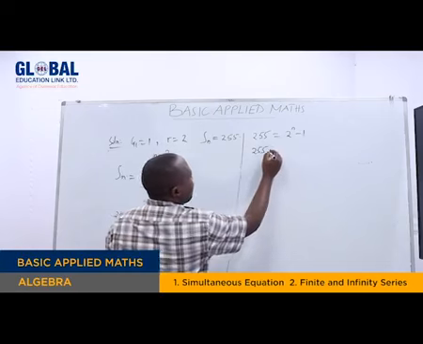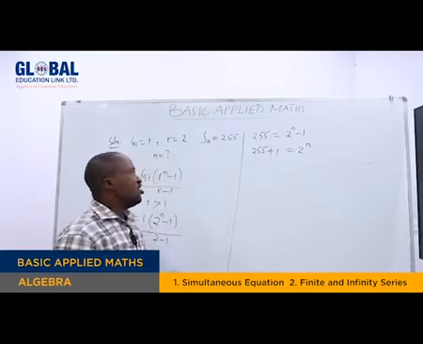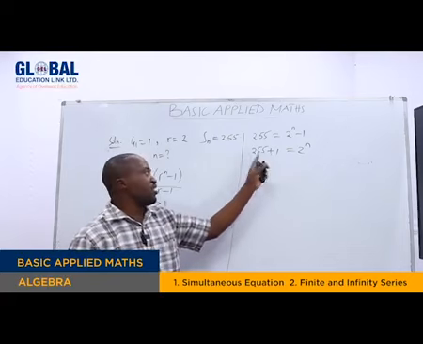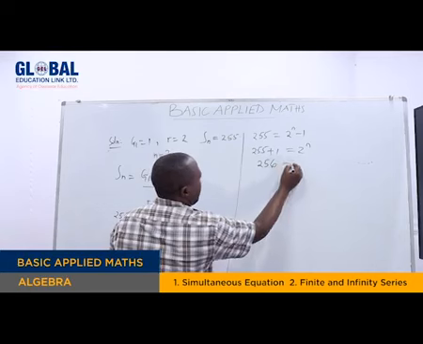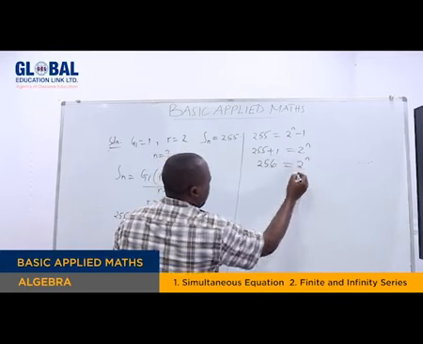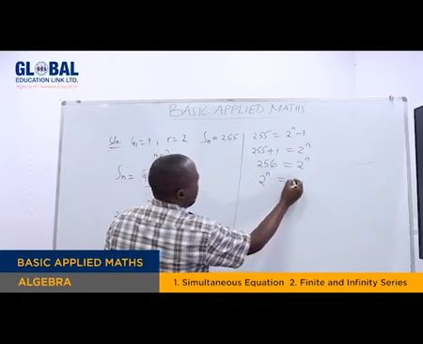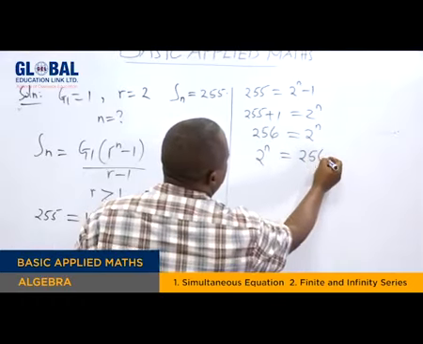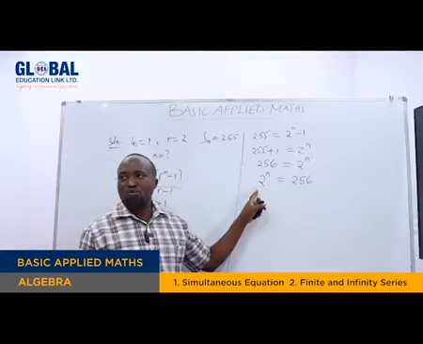This is negative, so plus 1 is equal to 2 raised to N. So 255 plus 1 is 256, which is equal to 2 raised to N. Or say 2 raised to N is equal to 256.